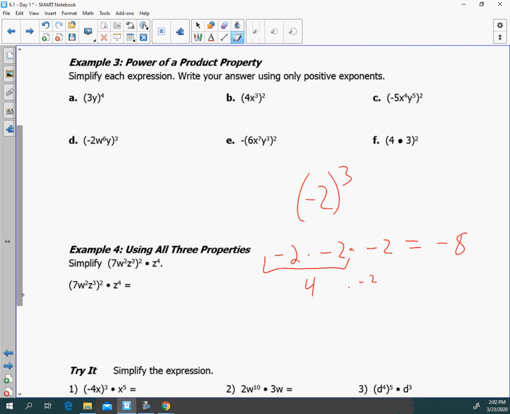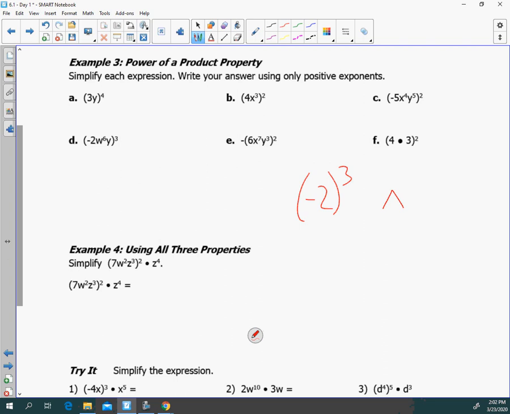The faster and easier way is I would use the button on your calculator that looks like a little caret. I make sure it's in parentheses when it's negative, so I would do negative 2 in parentheses, caret to the 3rd, and press equals on my calculator. Those are just buttons, right? And that's how I would solve that one.